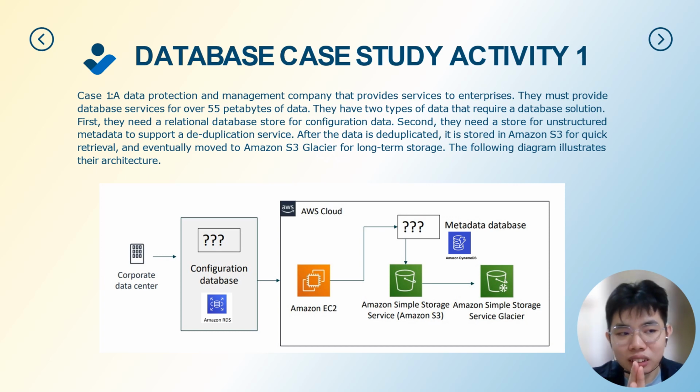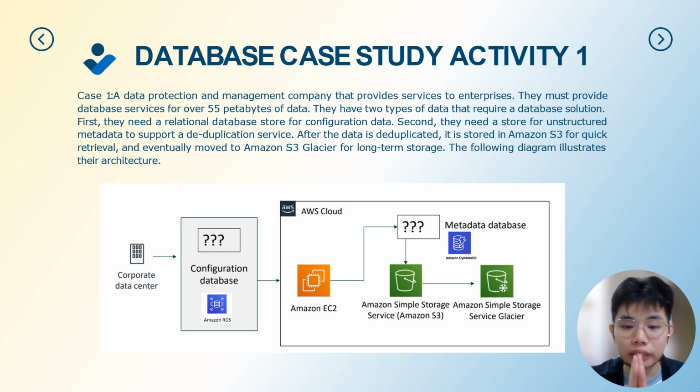I think Amazon RDS, Relational Database Service, would be an excellent choice for implementing the configuration database. I choose Amazon RDS because it is scalable, secure, and compatible with various database engines, making it a good fit for managing configuration data.